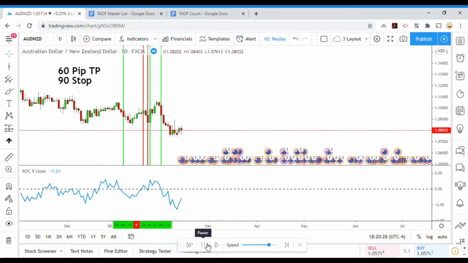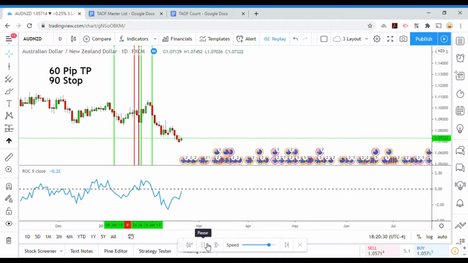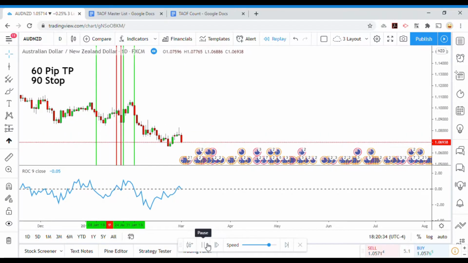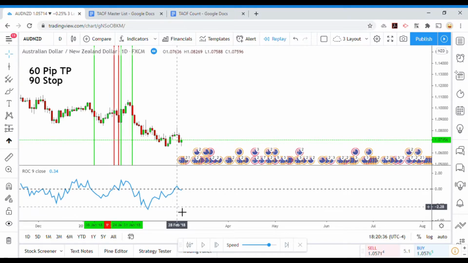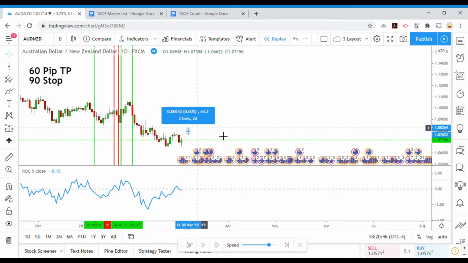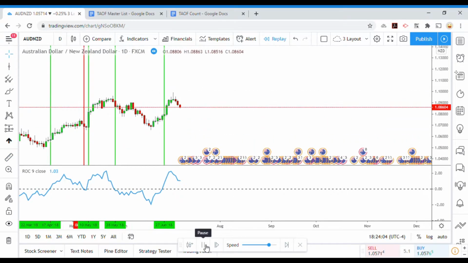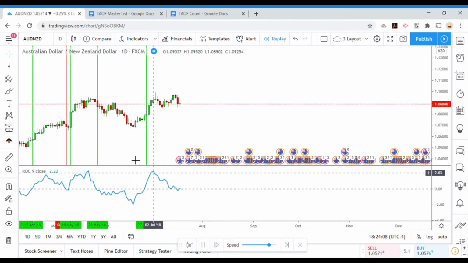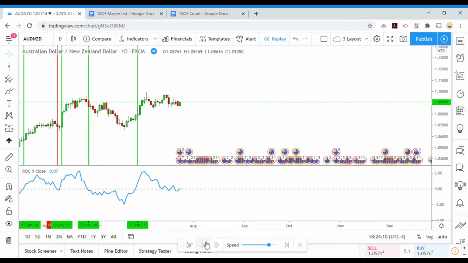So far, not too bad. Let's see what the rest of the year can give us here. Hopefully we can get a few more wins in here. We are about midway through the year now. Seems to be doing a relatively decent job.